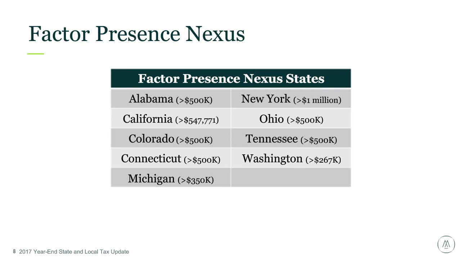So those companies that are only selling tangible property need to be aware that Tennessee could assert nexus and impose its net worth tax once the company exceeds that $500,000 sales threshold into the state.